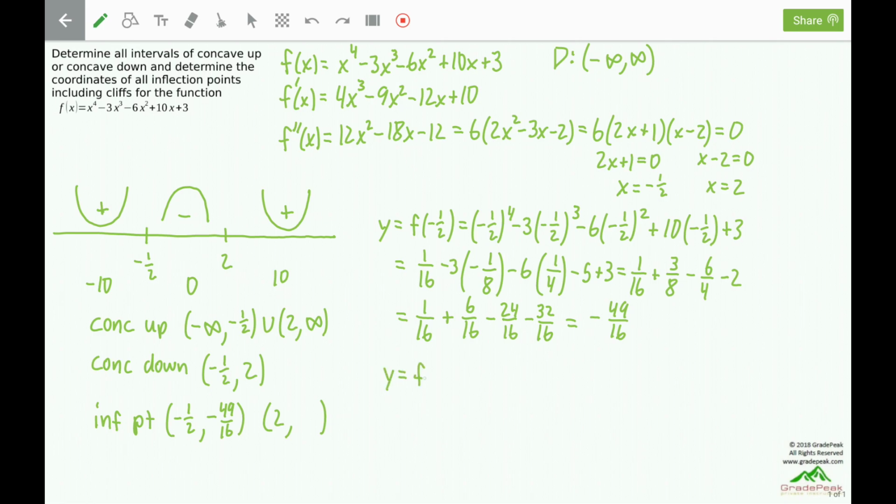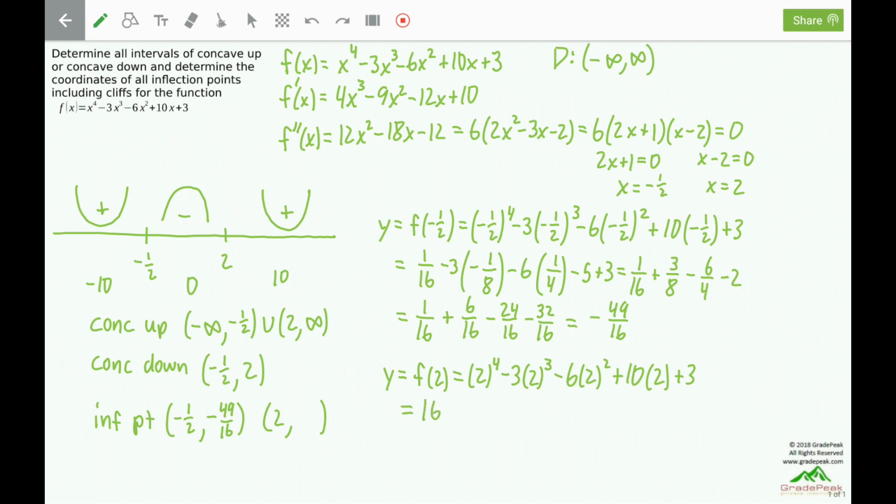So y equals f of 2, which will be 2 to the 4th minus 3 times 2 cubed minus 6 times 2 squared plus 10 times 2 plus 3.